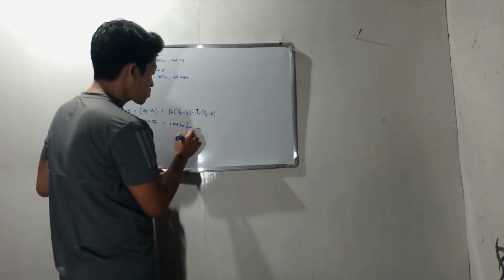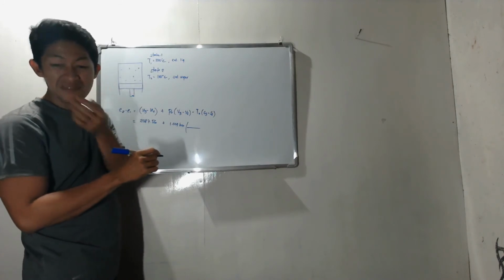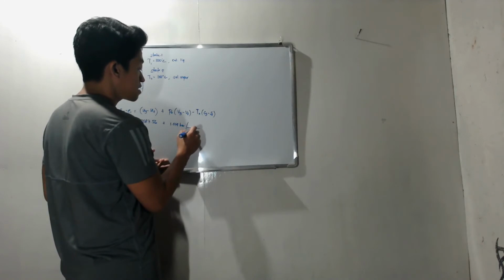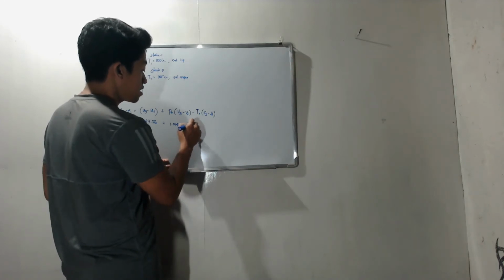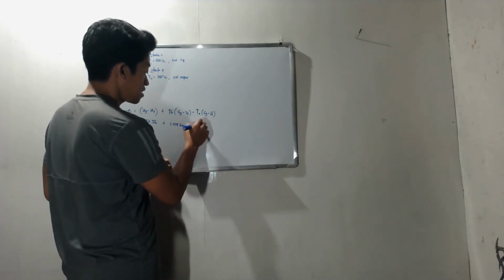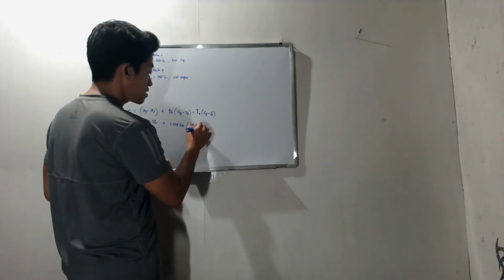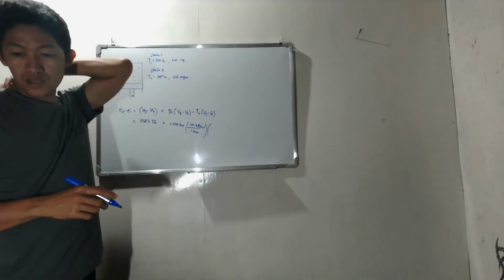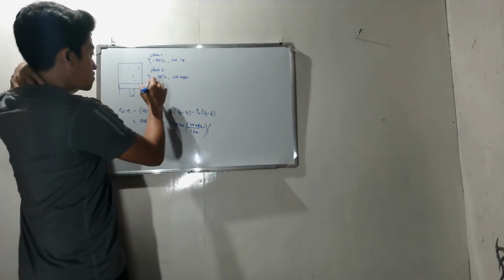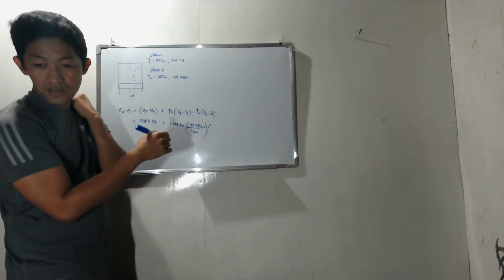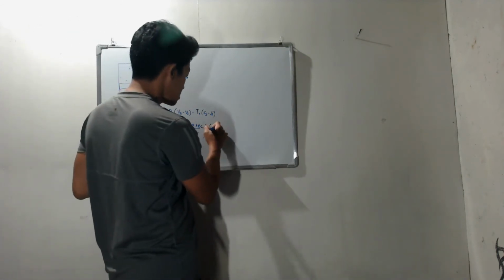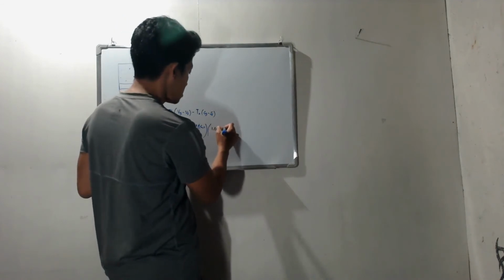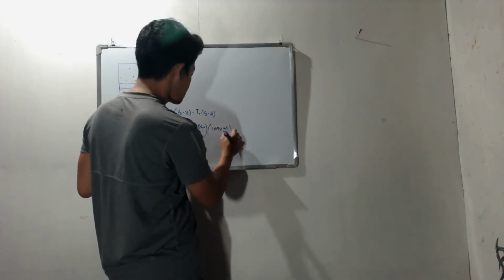Convert this into kilopascal, so this becomes 1 bar equals 100 kilonewton per m squared, times Vg minus Vf, again from the table, 1.672 m cubed per kilogram.